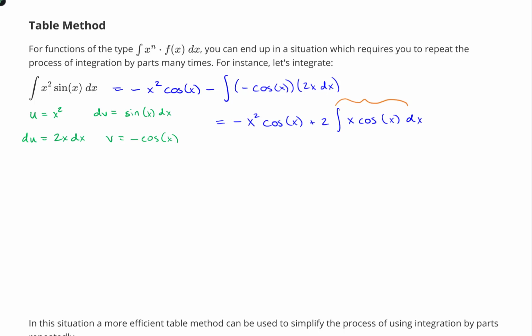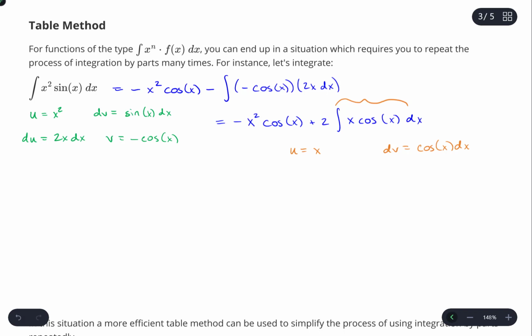So for just this part, I would define u and dv again. So u would be x and dv would be cosine x dx, so that du is dx and v, the integral of cosine, is going to be sine.